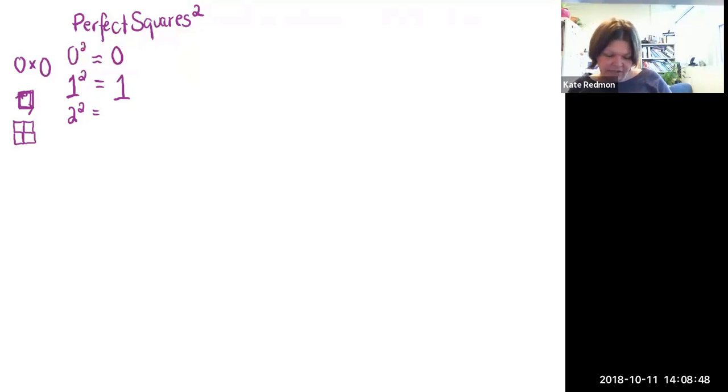If I had a 2 by 2 square, it would be composed of how many total little squares inside of it? 4. 2 times 2, or 4. Again, just like the area of a square formula, you're just multiplying the 2 dimensions. So when I say 2 squared, I'm saying multiply 2 by itself. Same thing for 3 squared. I'm not saying 3 times 2, I'm saying 3 times 3, or 3 times itself, which of course would be that square of 9 we were looking at before.